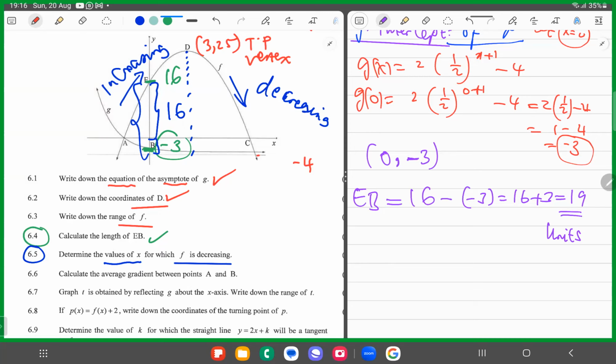When is this decreasing? It is basically decreasing when x is bigger than 3. We say the function is stationary at the vertex, because it is neither increasing nor decreasing.